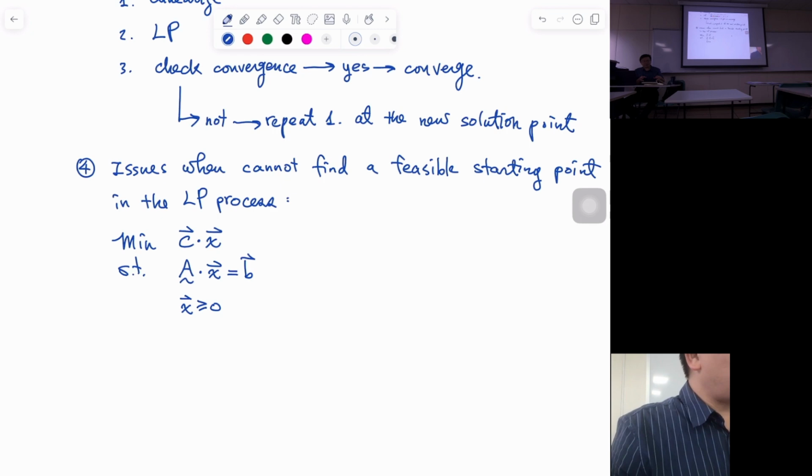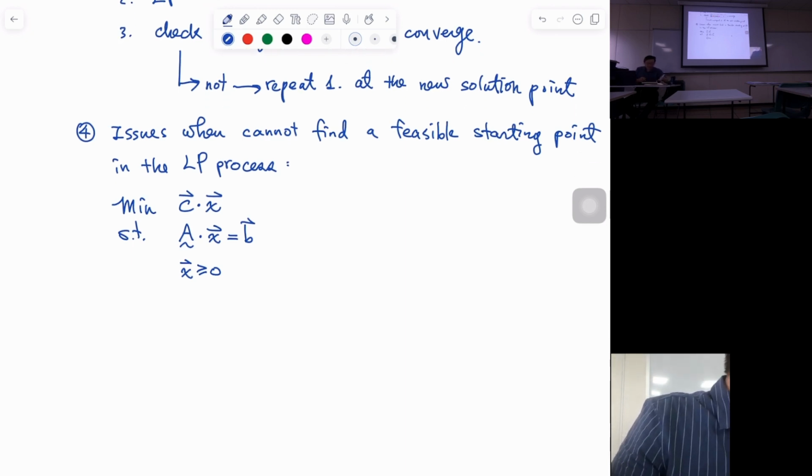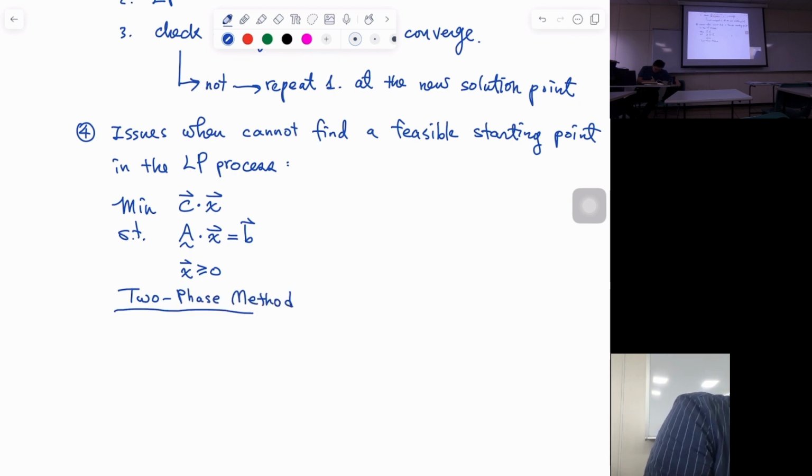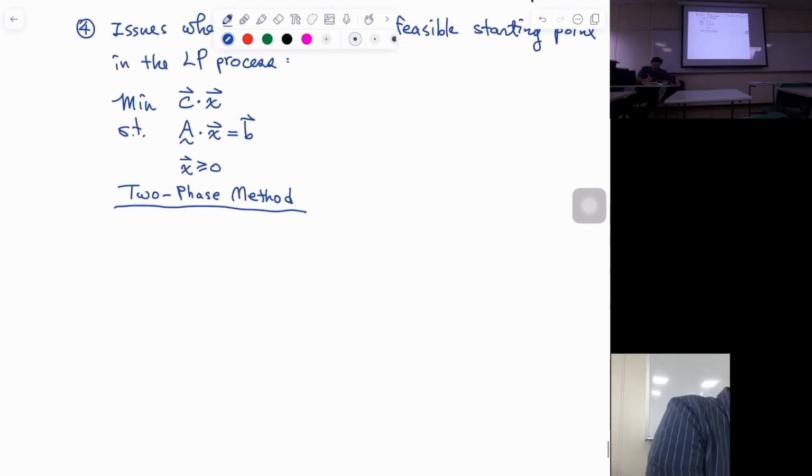That additional step is to determine a possible starting point that is feasible. So this method is called the two-phase method. Okay? So what does the two-phase method do?